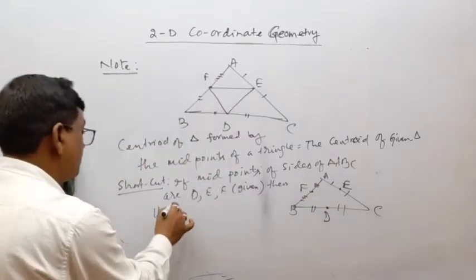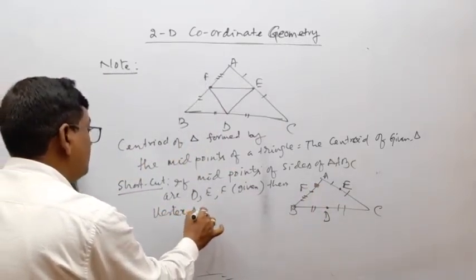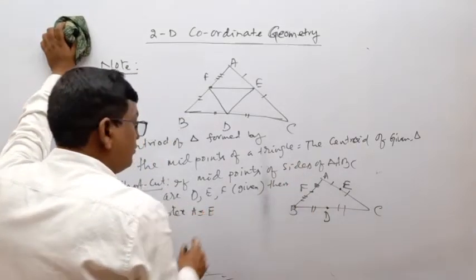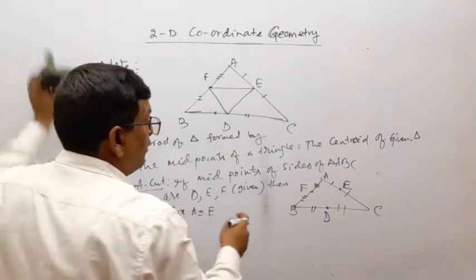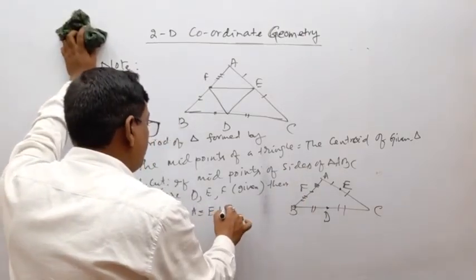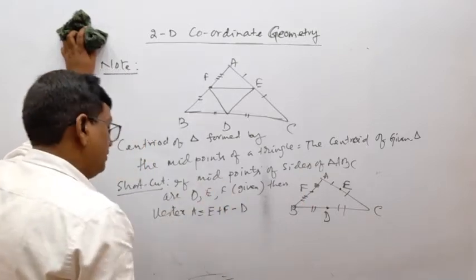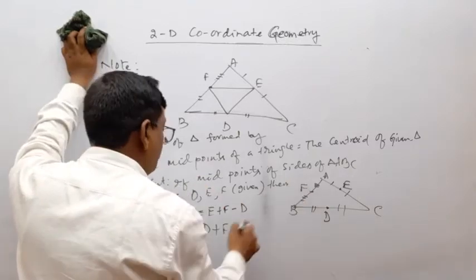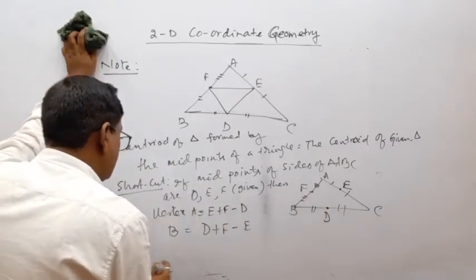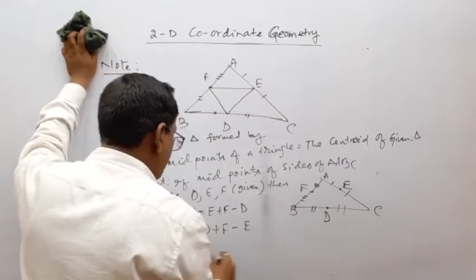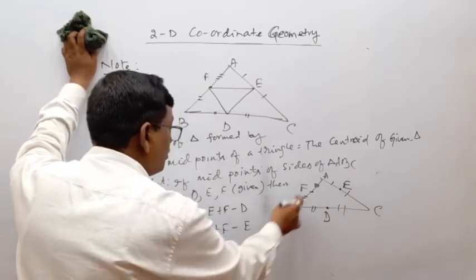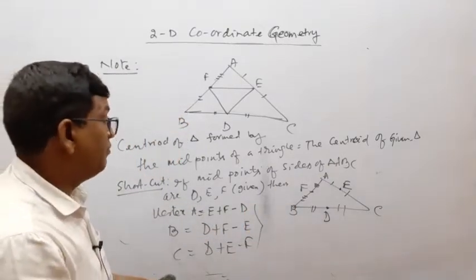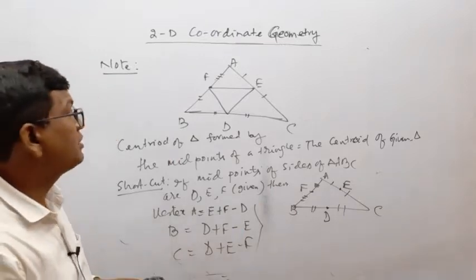Now vertex A is equal to the sum of two linked points, that is E plus F minus the opposite point D. Vertex B is equal to D plus F, the linked points, minus the opposite, and vertex C is equal to the linked points, that is D plus E minus the opposite F. This is the relation to find the vertices of a triangle if the midpoints of the sides are given.